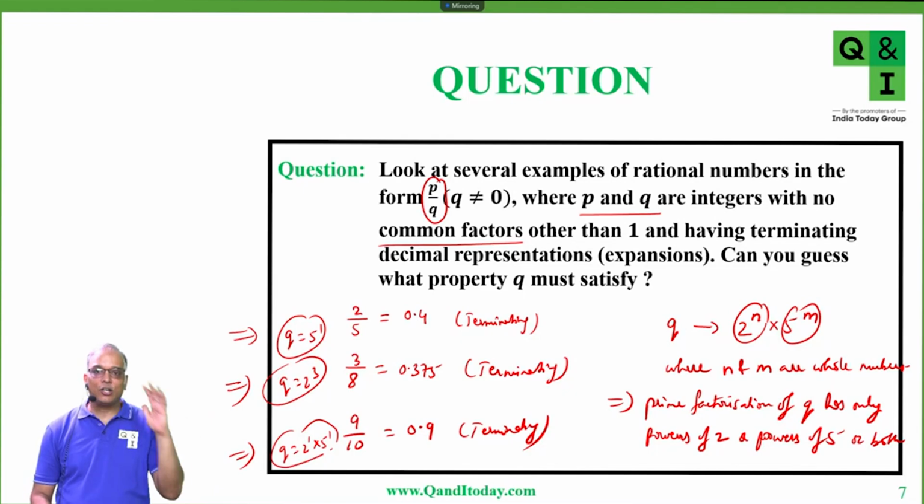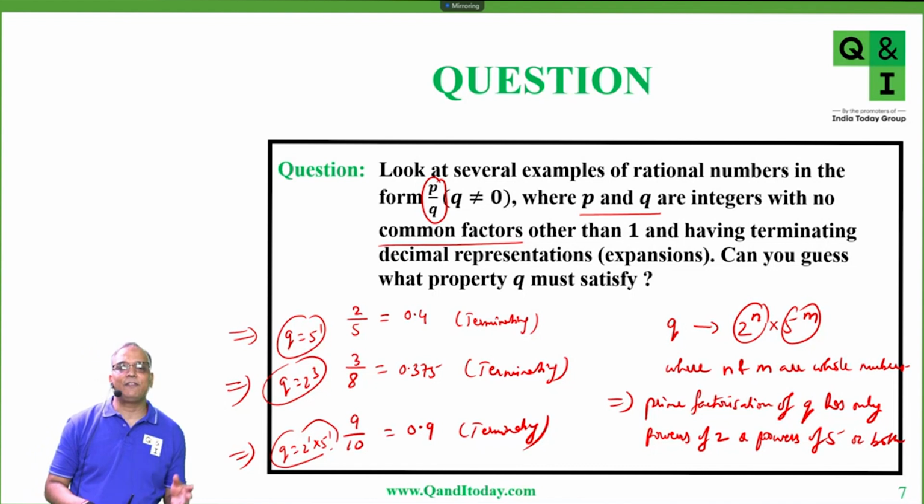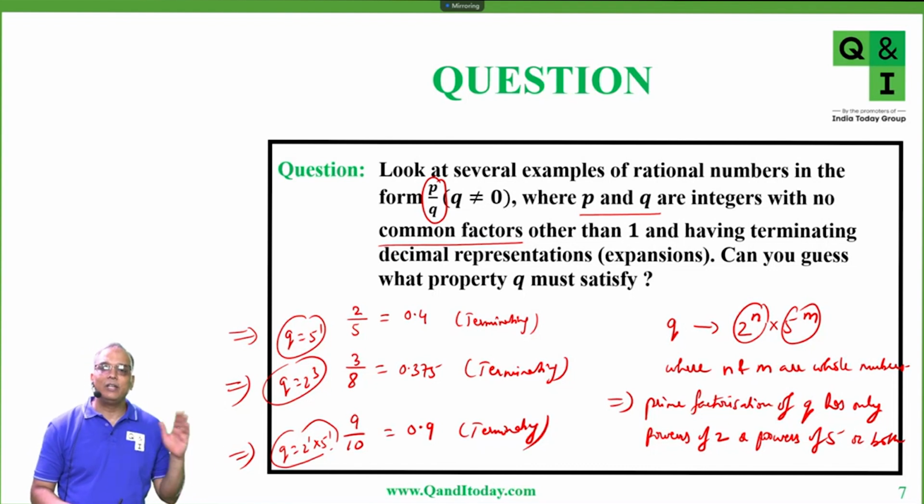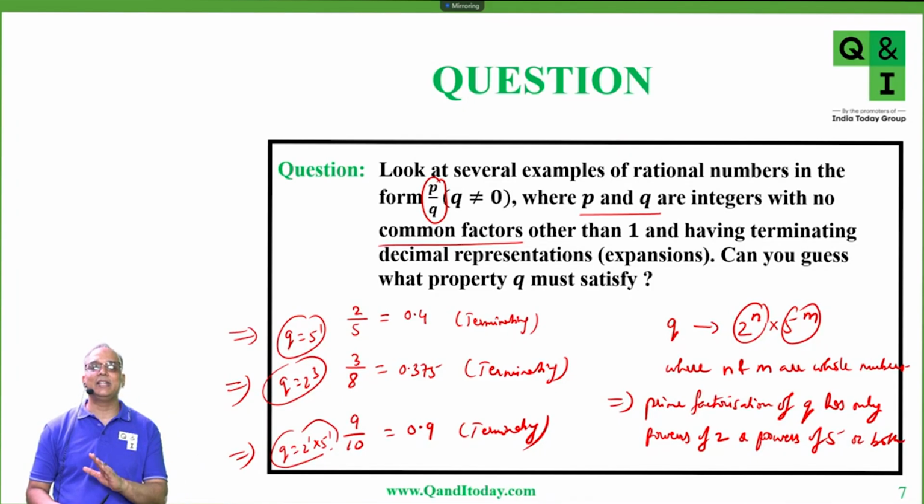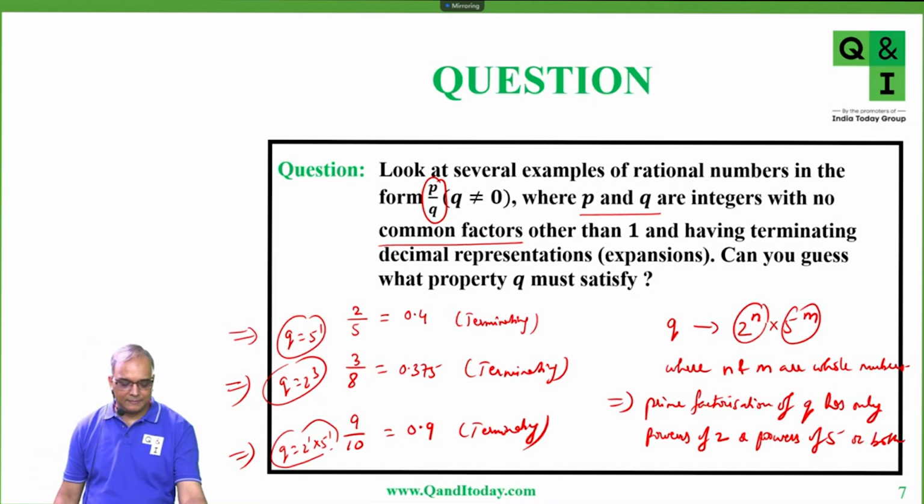So if your denominator in any p by q form rational number has a prime factorization of only 2, only 5, or 2 and 5 both, then we say that this rational number has a terminating decimal expansion. Is this clear, everyone?